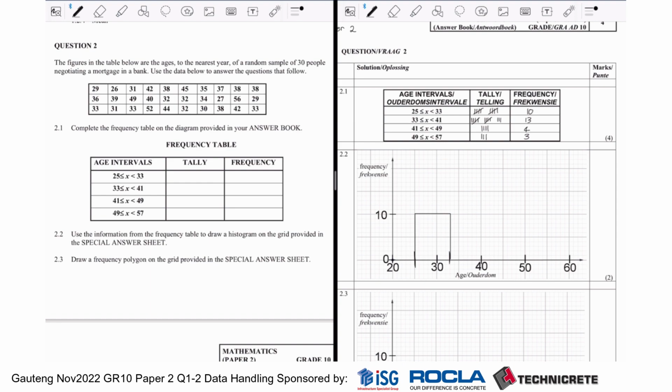And then for the 33s up to 41, that's here, I had 13 of those. That's 10, 11, 12, 13. And then for the 41s up to 49, which is here, I had 4.